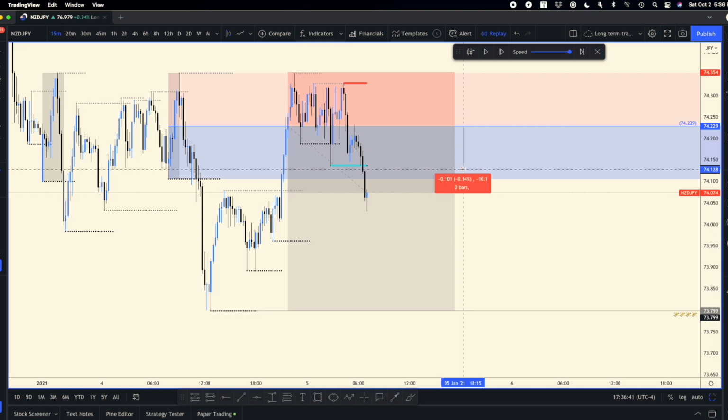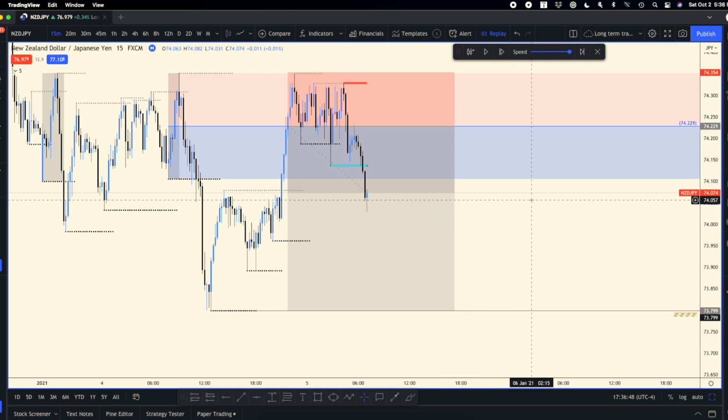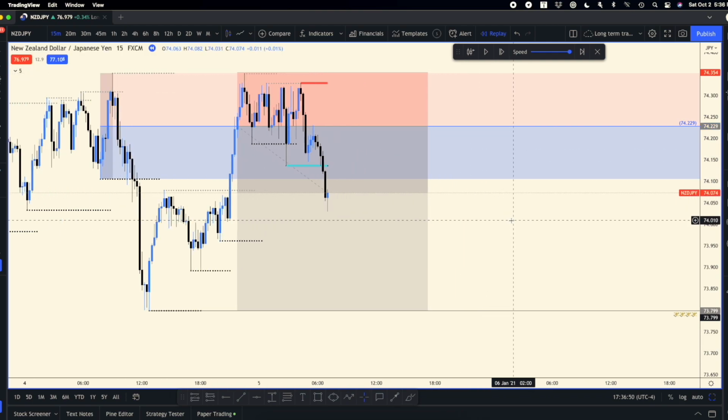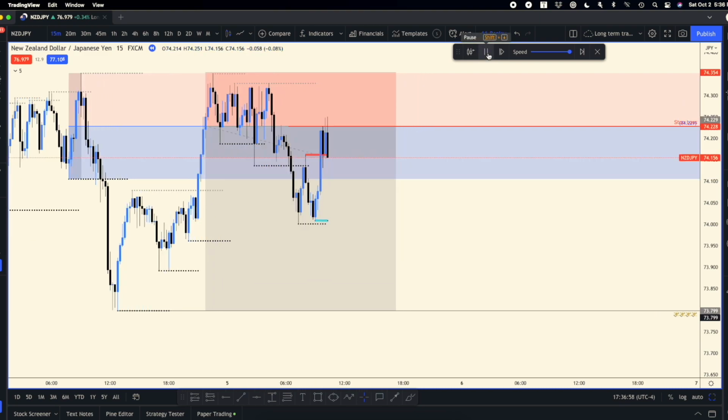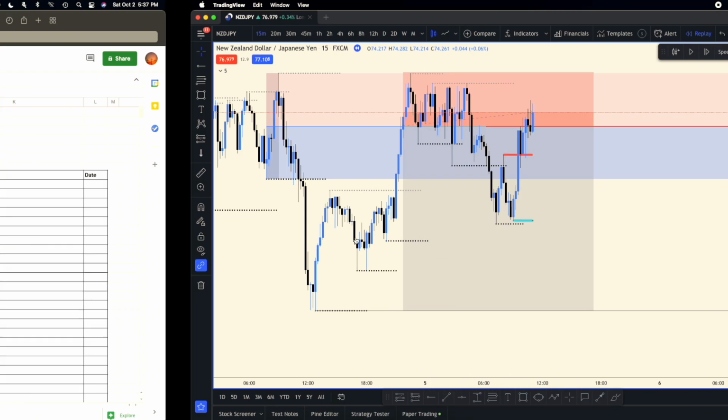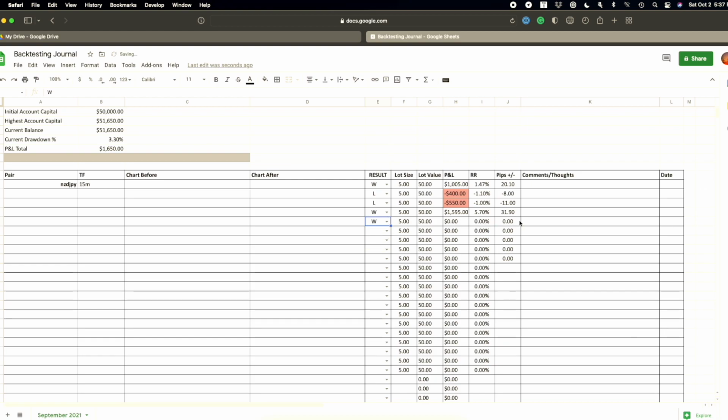I would have taken 90% profit right here and put my stop at BE. We ran a total of 20 pips. So let's actually do a BE trade. That's my stop loss. Yeah, we got stopped. All right, so BE is a win to me. Didn't lose no dollars.